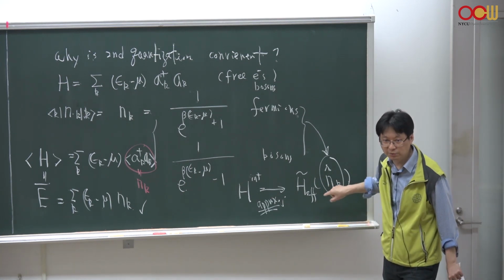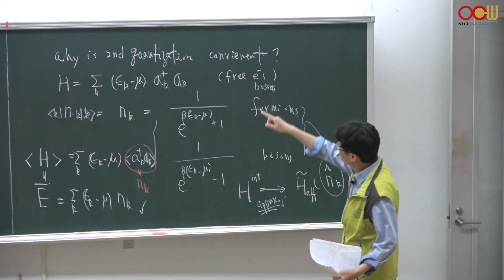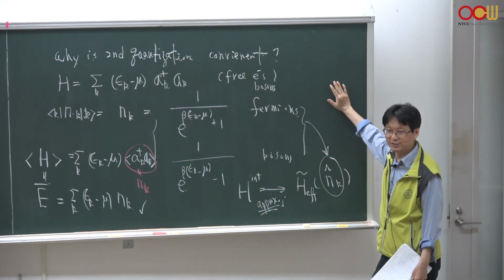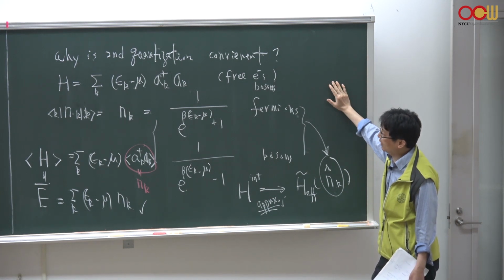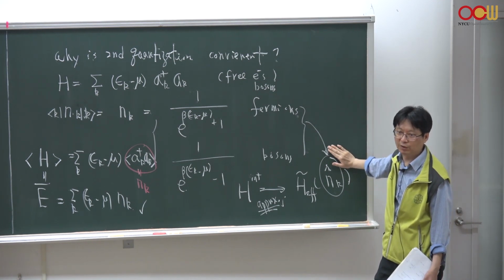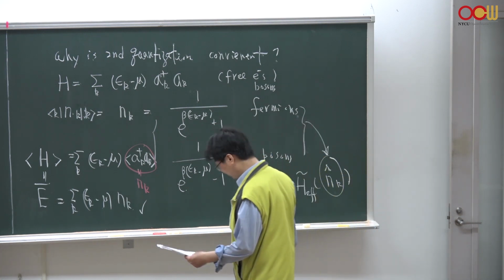And this is the only way that we can address the many-body problem: by using second quantization. So this is a complete answer to my earlier proposed question. What do we get, what's the benefit of using the second quantization formalism? Well, this is the benefit. Otherwise, we cannot do almost anything.